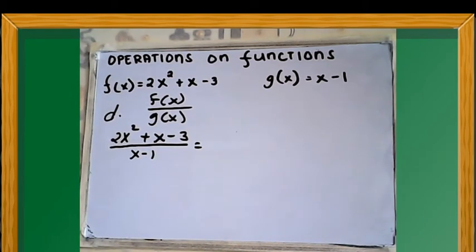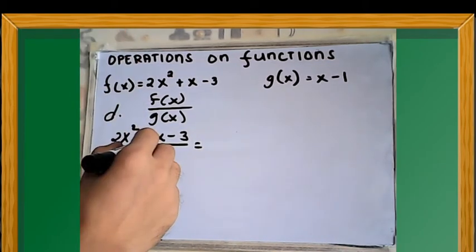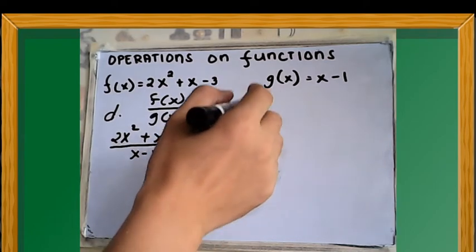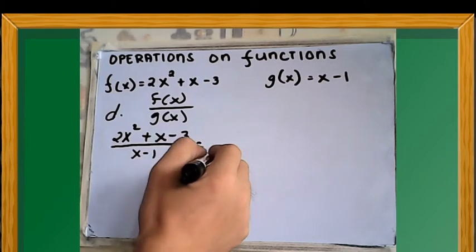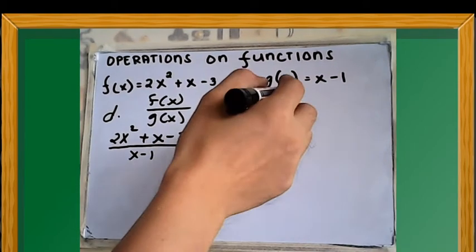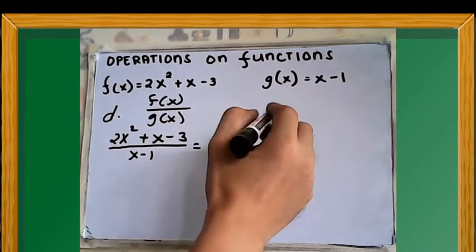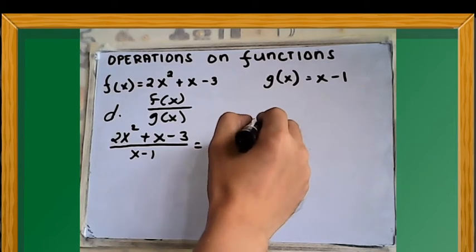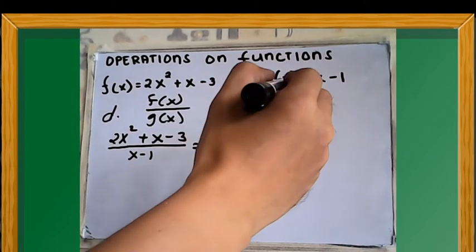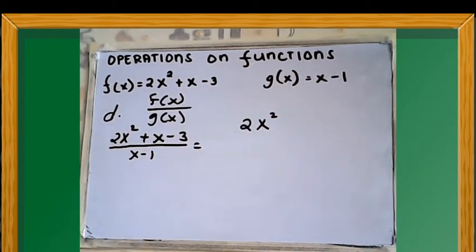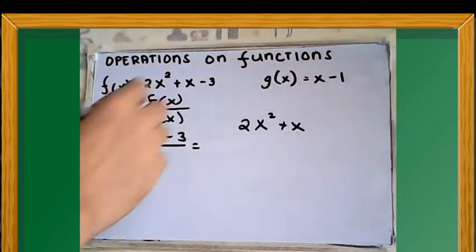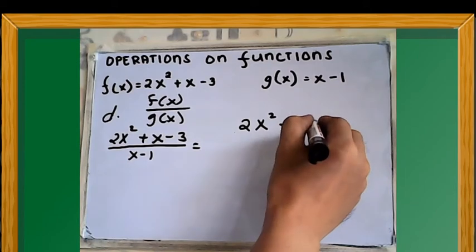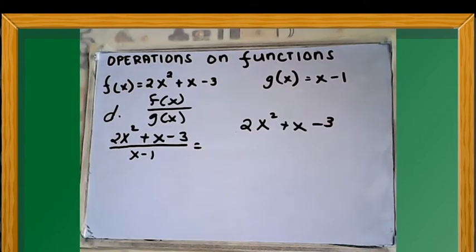So if we factor out 2x squared plus x minus 3, paano ba tayo nagpa-factor? Sulat muna natin dito, 2x squared plus x minus 3.